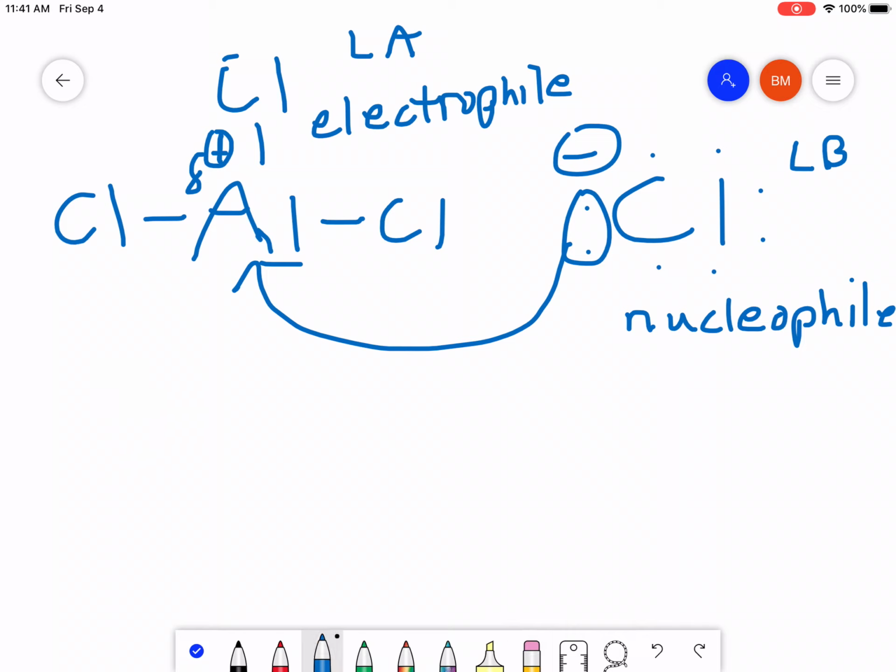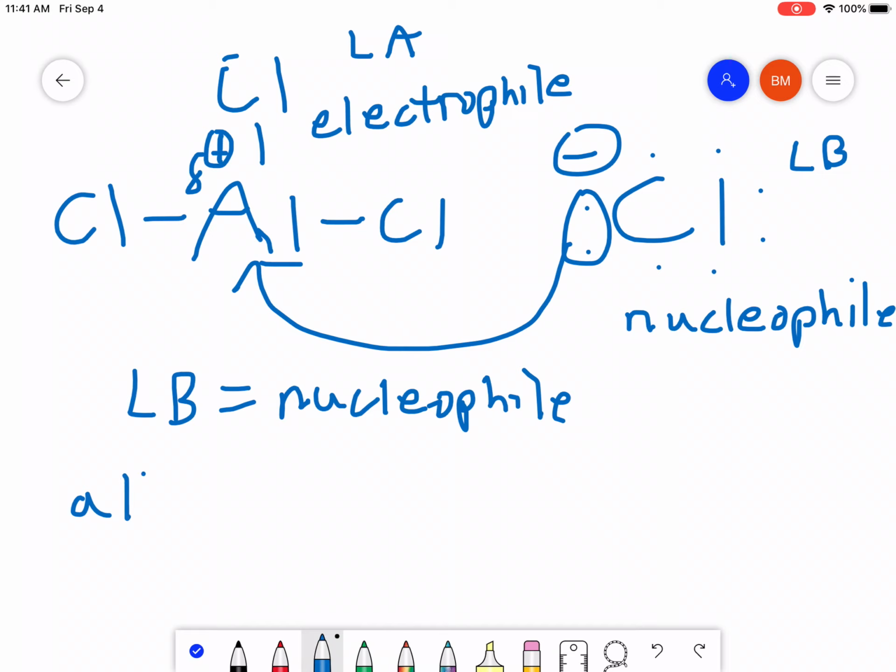If something's a Lewis base, it automatically makes it a nucleophile. All right, let's see, I'm trying to find the best way to phrase this because it's a weird bookkeeping type of classification system.